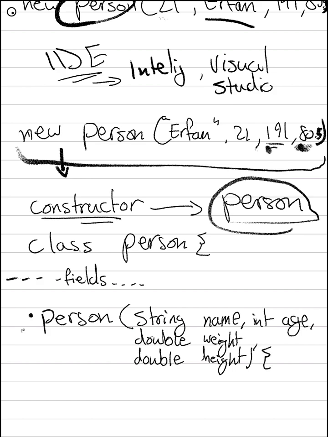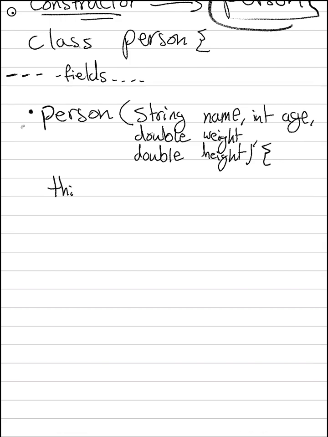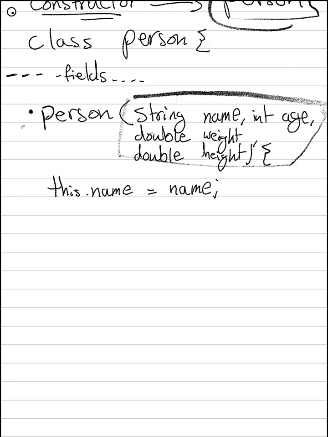And then inside that constructor, you're going to say this dot name equals name. All right. This is a little bit of a confusing part. So pay close attention here. What is this constructor saying? Well, the constructor knows about these parameters that you're passing to it, okay?